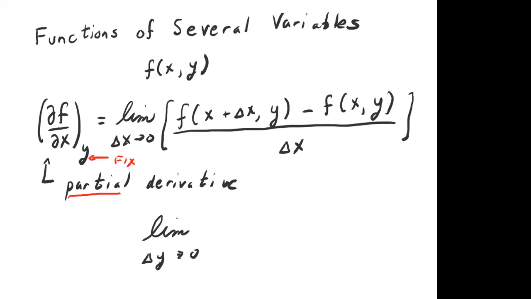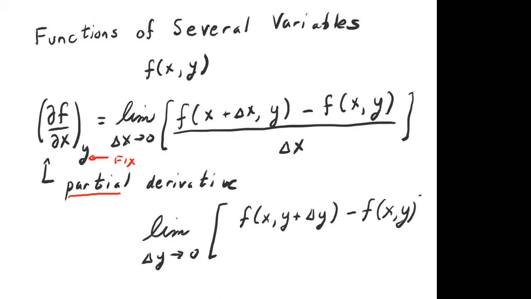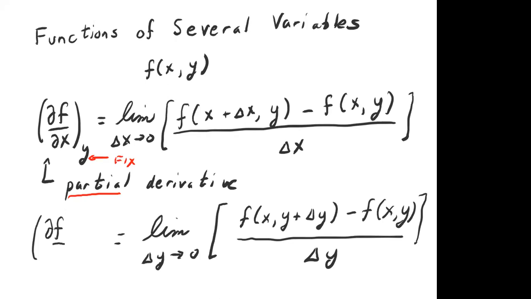There's y. So you could write down a Newton quotient for changes in y. And again, the numerator is going to be different, and clearly the denominator is different. And this guy is a partial derivative of your function f with respect to y, holding x fixed.